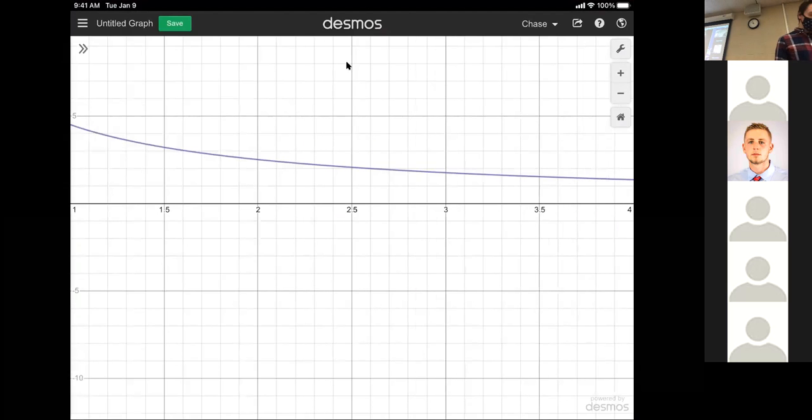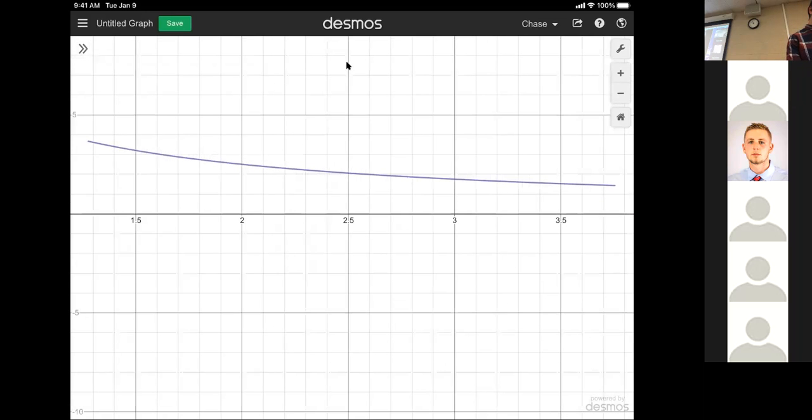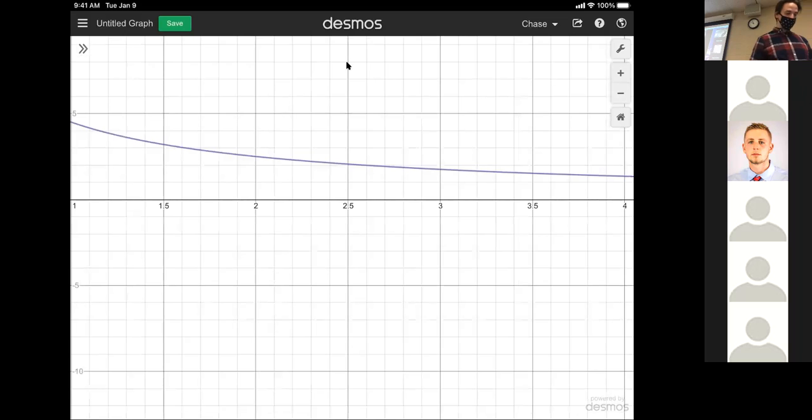Okay, so we were finding the area under this guy, right? Oh, because I'm not on the axis. Okay, so we're finding the area under that guy, and it comes out to be about 6.9.